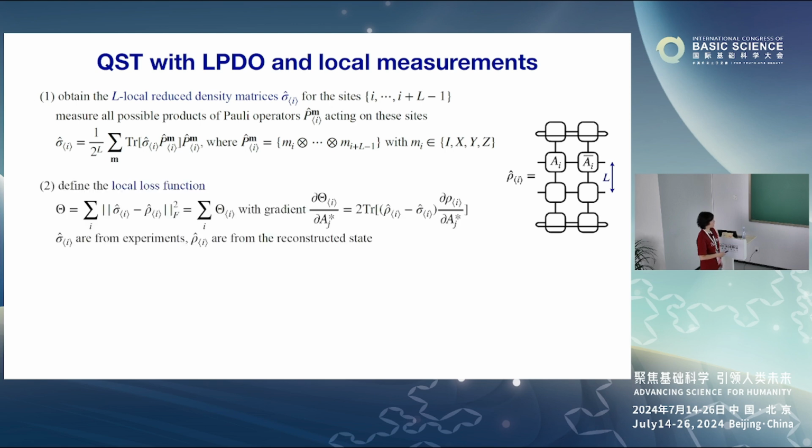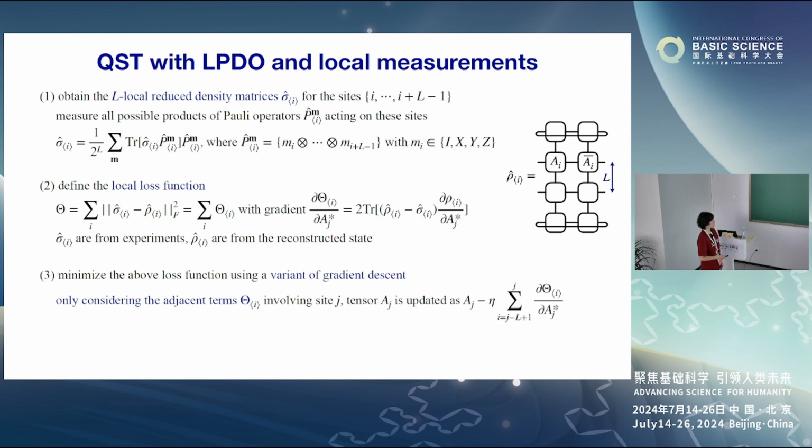Then we can define a total loss function, which is the difference between the one from experiment and the one being reconstructed. The aim is to minimize this loss function. We can use a variant of gradient descent to minimize it.